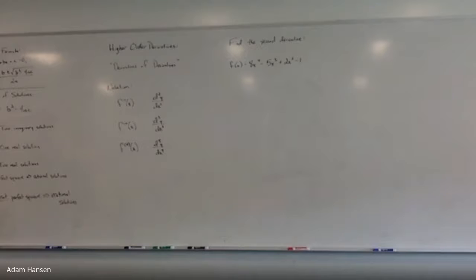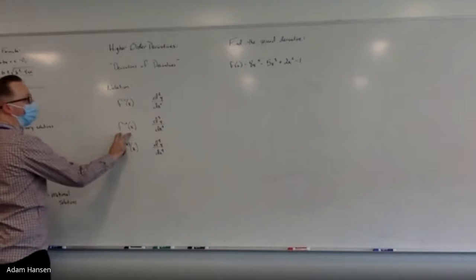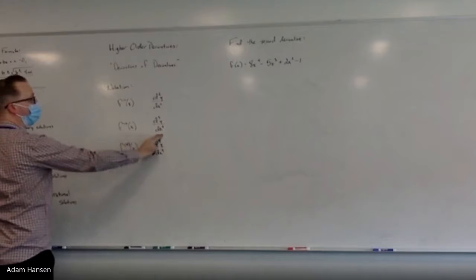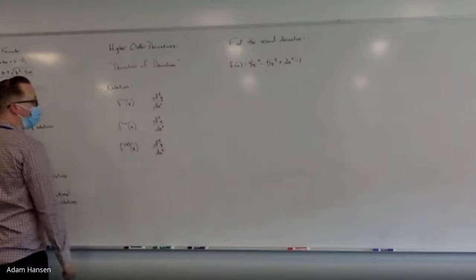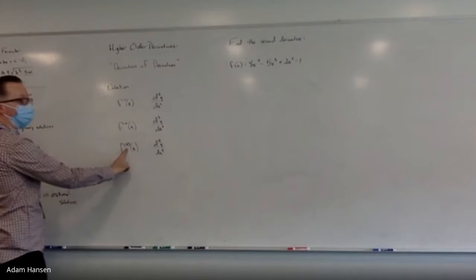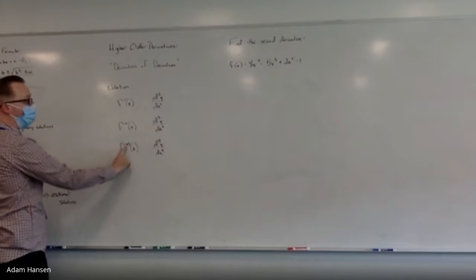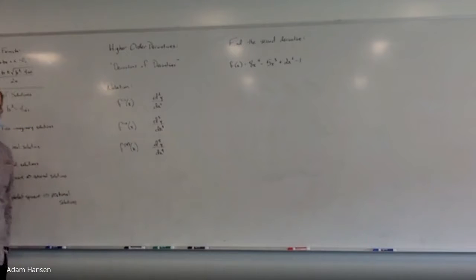F triple prime of x is the third derivative, taking the derivative 3 total times. Similarly, here's a notation in explicit form, d cubed y over dx to the third. After that, or even starting with 3, you're just going to write the number in a quantity. F fourth of x, that's the fourth derivative of function f of x.